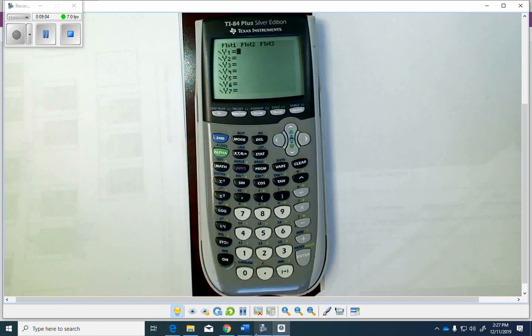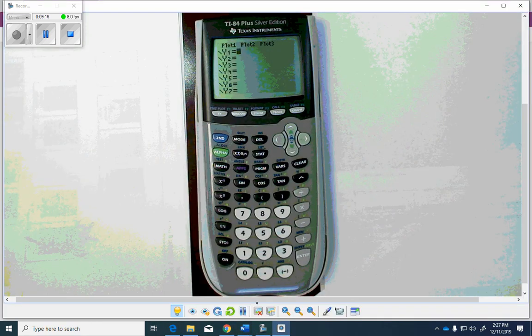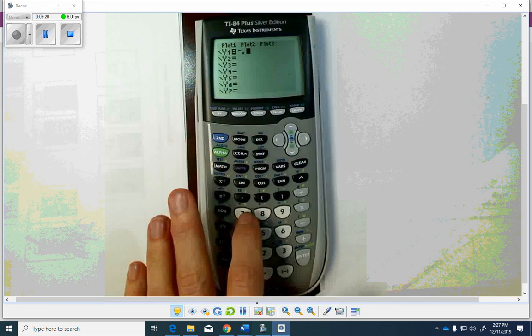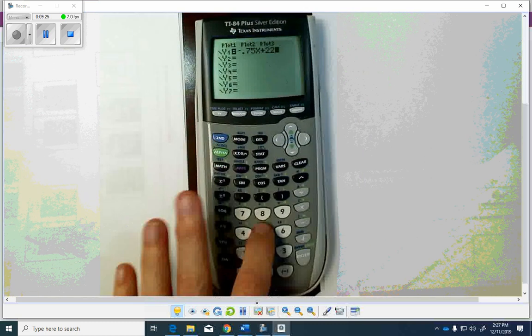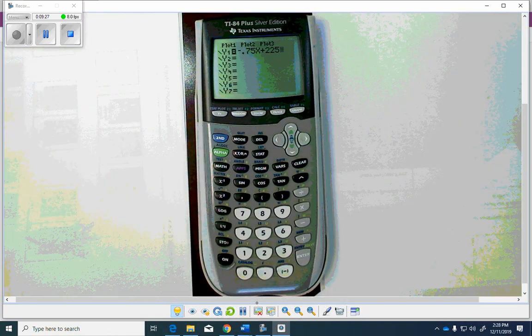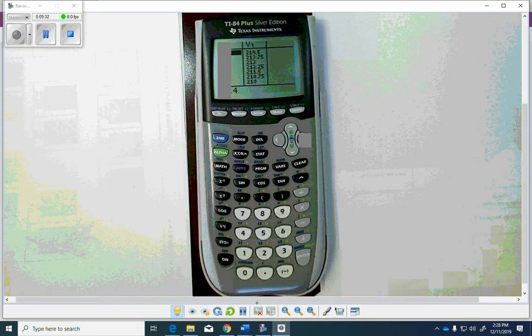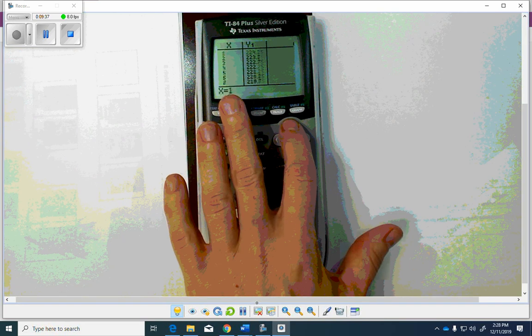I forgot what my equation was. Negative 3/4 x plus 225. Notice instead of 3/4 I did 0.75. It was just easier. And I'm going to go look at my table.